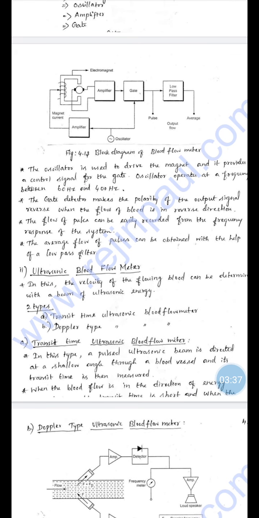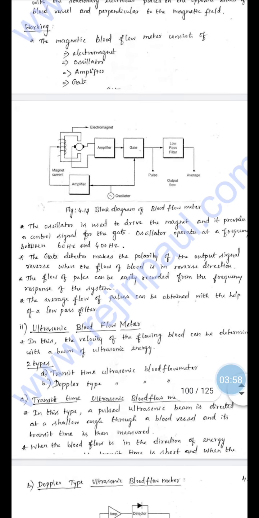The gate detector reverses the polarity of the output signal when the flow of blood is in the reverse direction. The flow pulse can be easily recorded from the frequency response of the system. The average flow of pulses can be obtained with the help of a low pass filter as shown in the figure. Through this arrangement we are able to measure how much blood flows in our body.